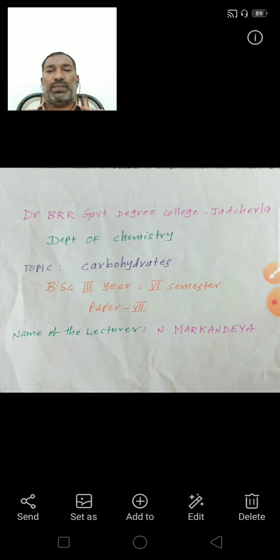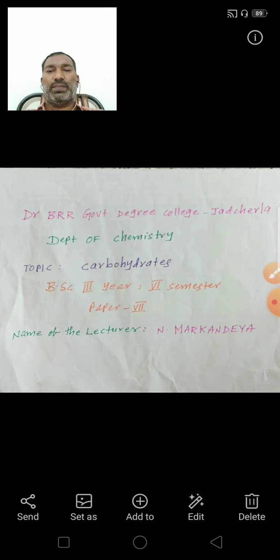The third carbon also has OH on the left side and H on the right side, so it also contains 4 different groups, like the fourth and fifth carbons. So the 4 asymmetric carbons C2, C3, C4, C5 are chiral carbons, because they contain 4 different groups.